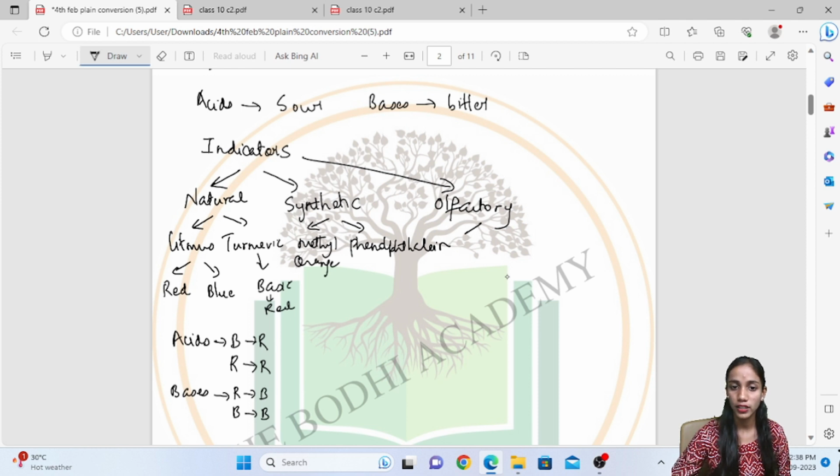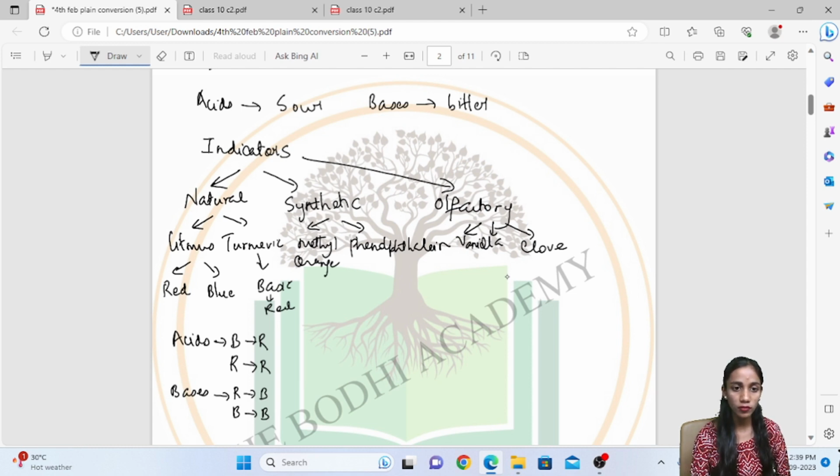Among the olfactory indicators we have examples like vanilla and clove. These are the olfactory indicators which detect the acidic and basic nature of a substance by the change in their smell.